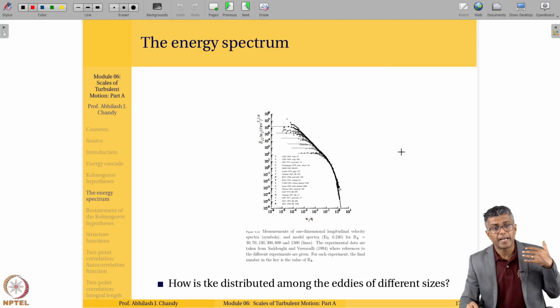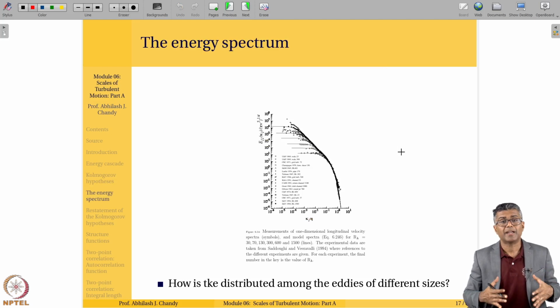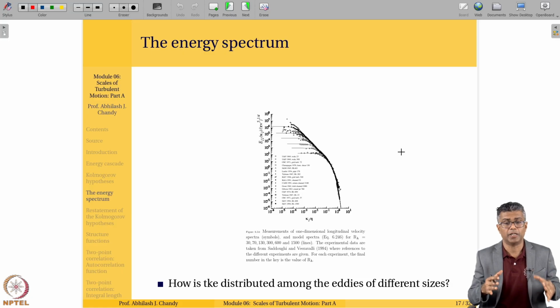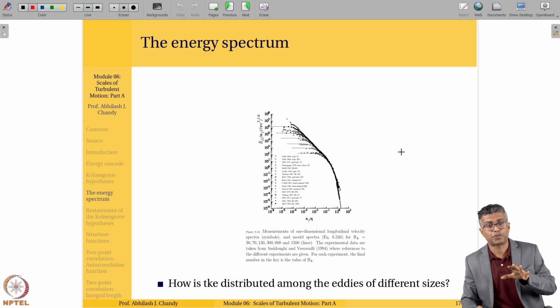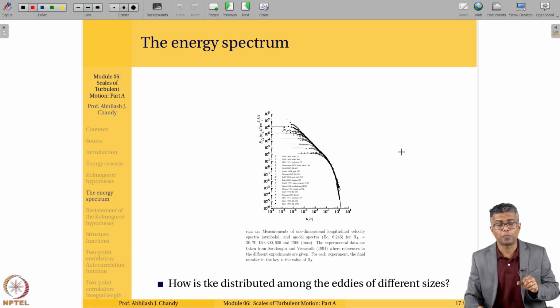So the next step would be to look at the energy spectrum and to think about how the turbulent kinetic energy is distributed across the eddies of different sizes. This is a picture that I have shown earlier, again from Pope's book. These are measurements of the energy spectra from different kinds of data. I'll go into these kinds of plots later, but what I want you to look at here is 2 or 3 things.